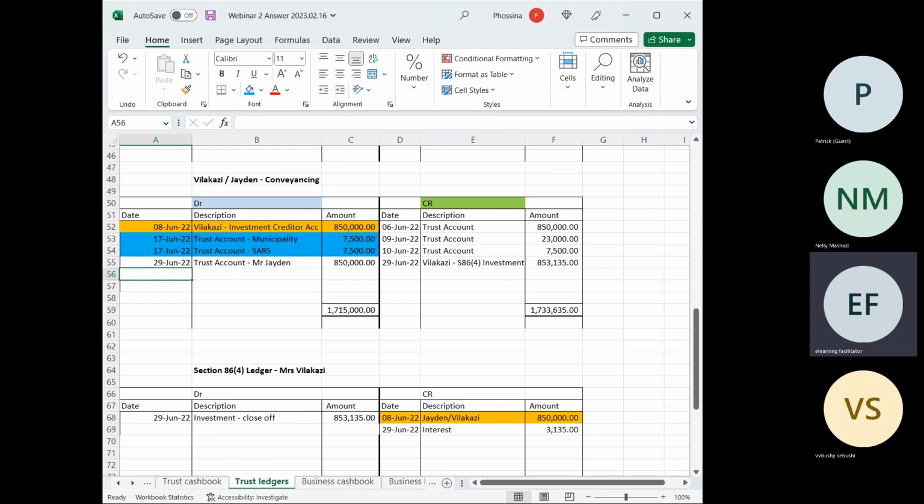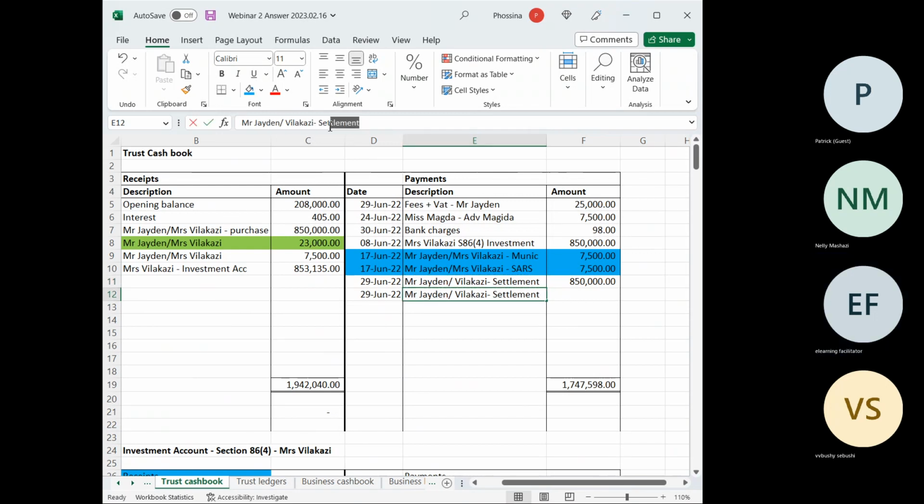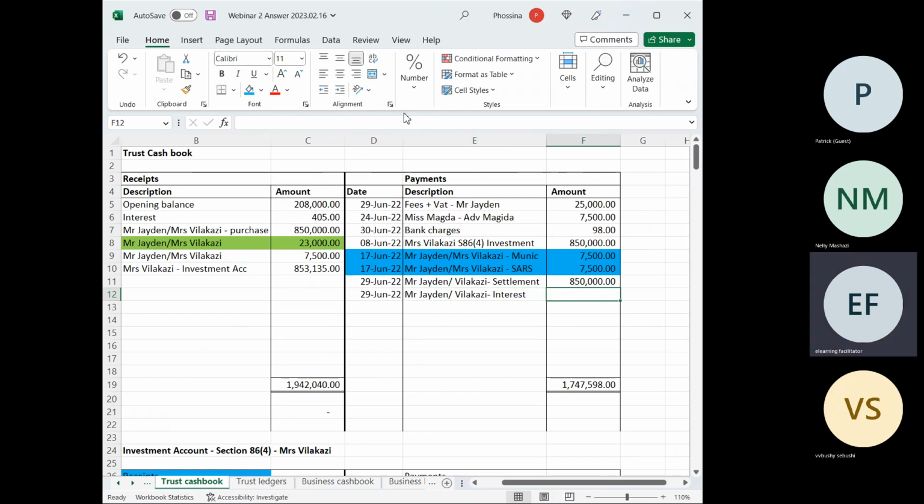And also we are told that we have to pay Mrs. Vilakazi. So what we are supposed to pay to Mrs. Vilakazi is her interest component, that came from the investment account. That is all that we owe her. So on 29 June 2022, the same matter, and then we are paying interest to Mrs. Vilakazi, and it's 3135, like that.